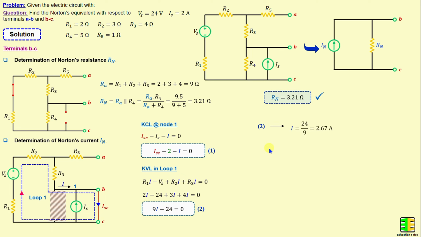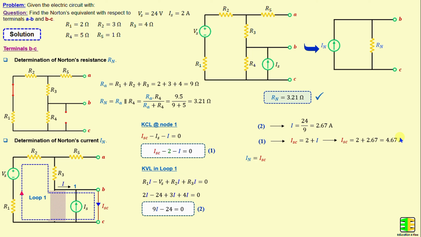From equation 2, we can calculate the current I. I is equal to 24 over 9. We get 2.67 amps. And from equation 1, ISC is equal to 2 plus I. And if we replace I here with its numerical value, we obtain ISC is equal to 4.67 amps.